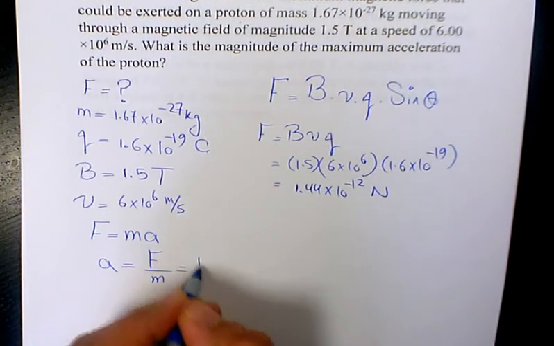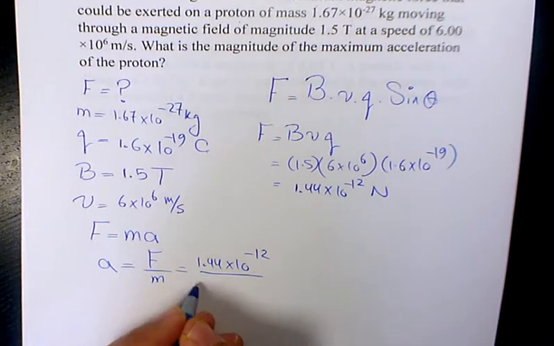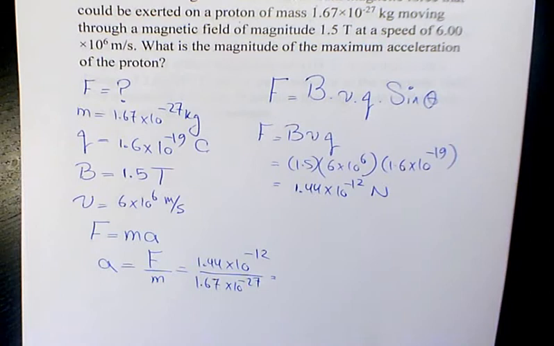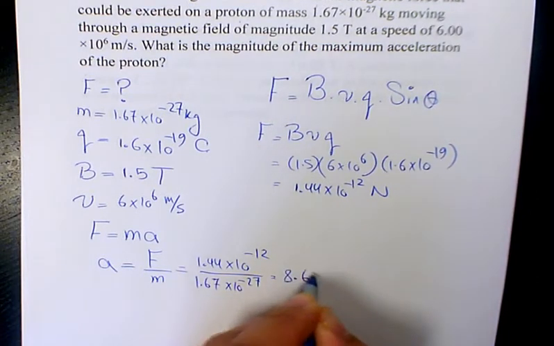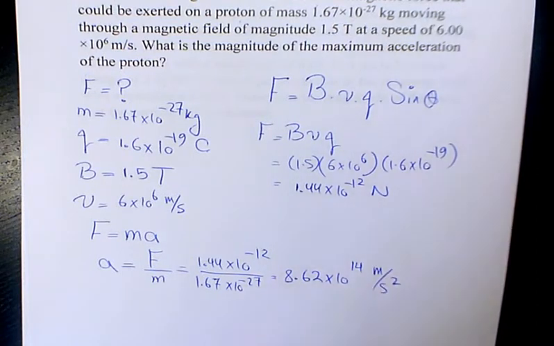F is the force we already calculated, 1.44 times 10 to the power of negative 12, divided by the mass, which is 1.67 times 10 to the power of negative 27. That's going to be 8.62 times 10 to the power of 14 meters per second squared. This is the acceleration.